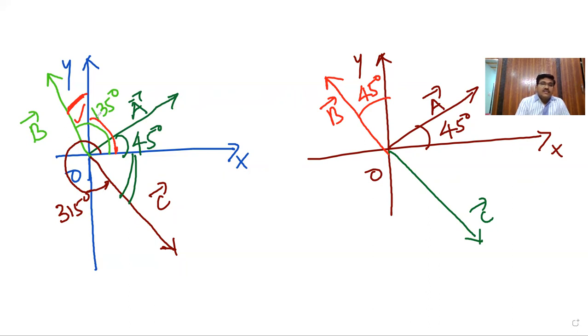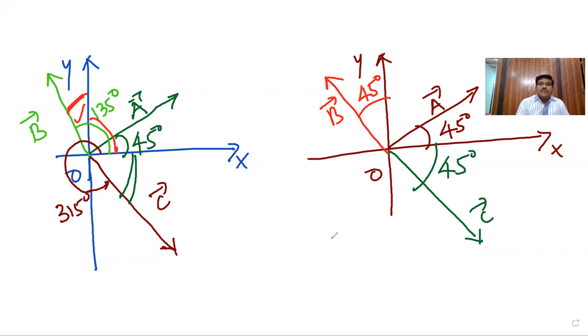The entire thing is 360 degrees, so this remaining angle is 45 degrees.